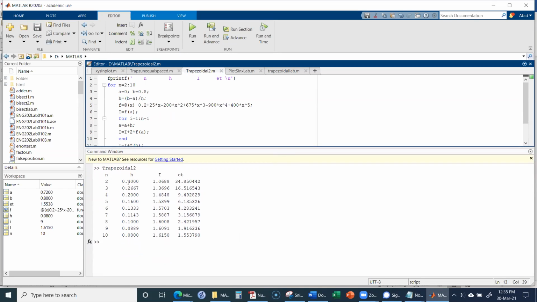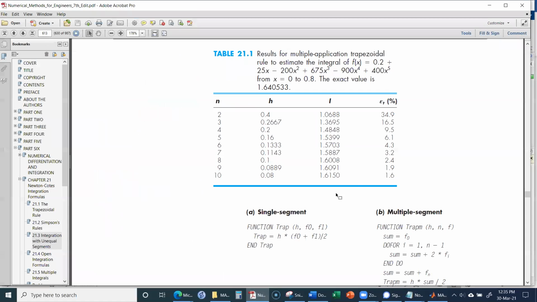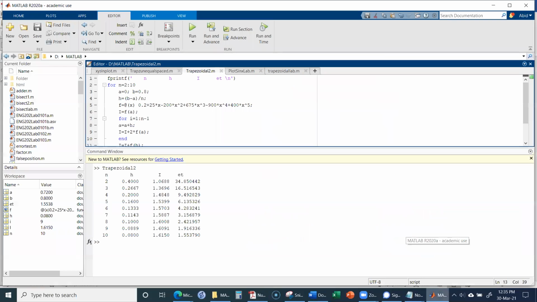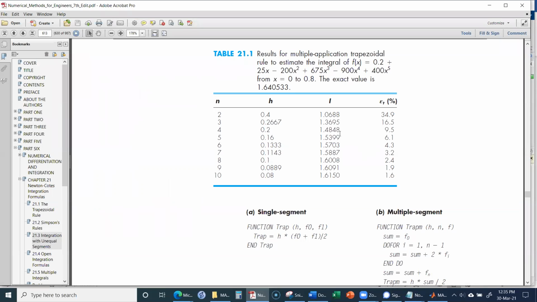Trapezoidal 2, so I get this 0.4 up to 0.08, and then 1.553, which are the same values which I get, 1.615, 1.55, and 1.6. Okay, so we get the same values.